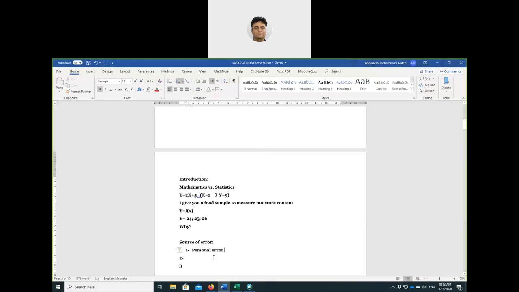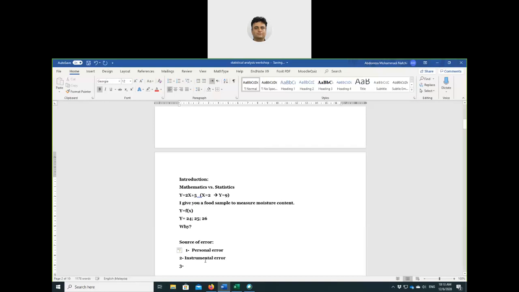The second source of error comes from the instrument. Instrumental error is the second source of errors.